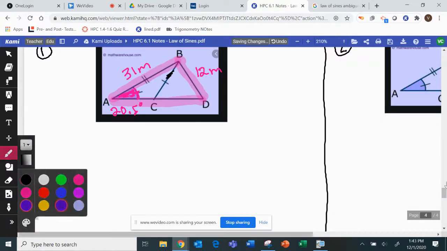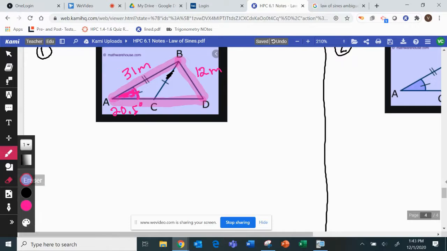Nope, that's not black. Try that again. Oh yeah, now it looks like it's not really there. I do want to look at that later though. That's the triangle we're looking at now, okay?